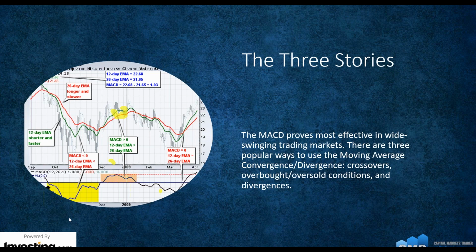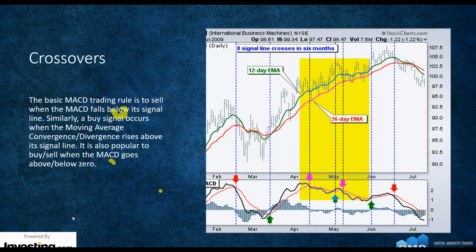So crossovers are referred to as transaction signals. The basic MACD trading rule is to sell when the MACD falls below its signal line. So when the MACD crosses over and goes below the signal line, it's a sell indicator, like we can see right here on this chart.